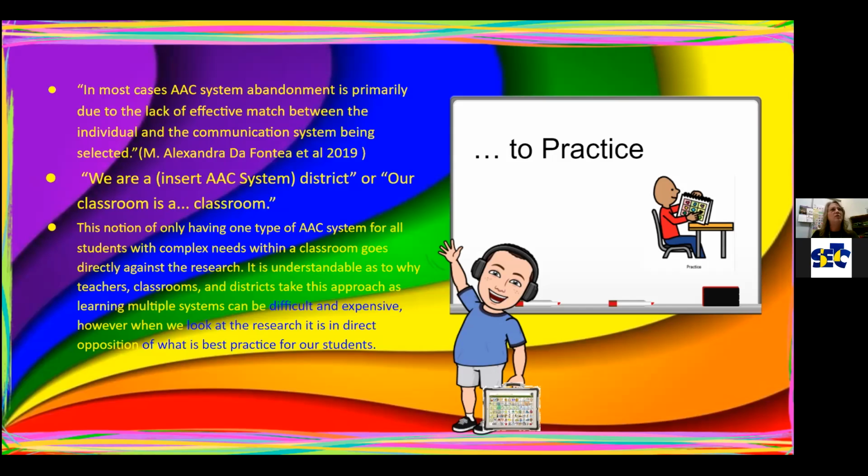I only know Snap Plus Core, so that's the only one that I am going to introduce and use. Or we are just a Proloquo district. All of our classrooms have Proloquo, and that's what all of our students use. It's not necessarily the best system. You may be having difficulties with students and their access and learning of AAC because it's not an effective match.